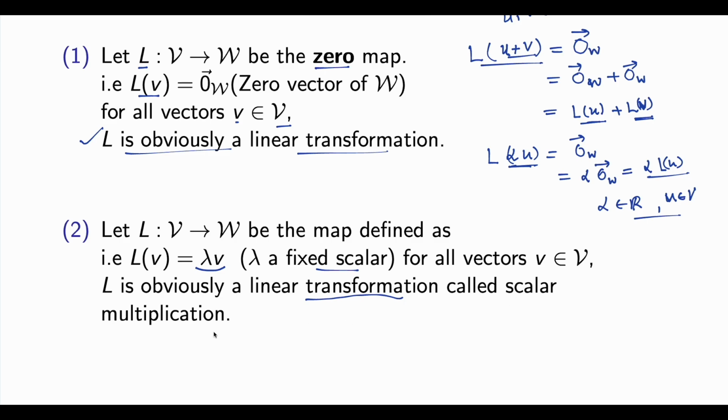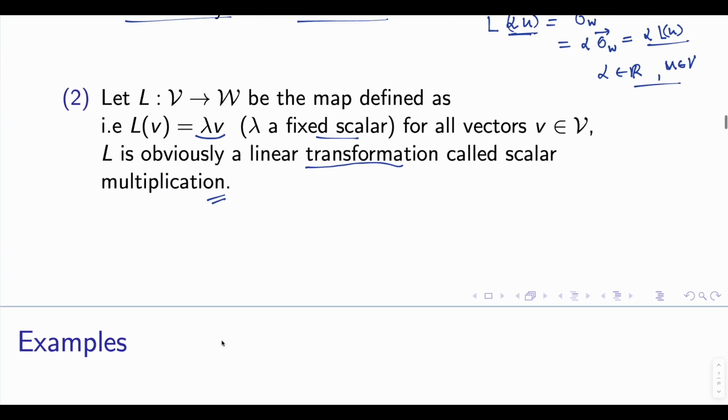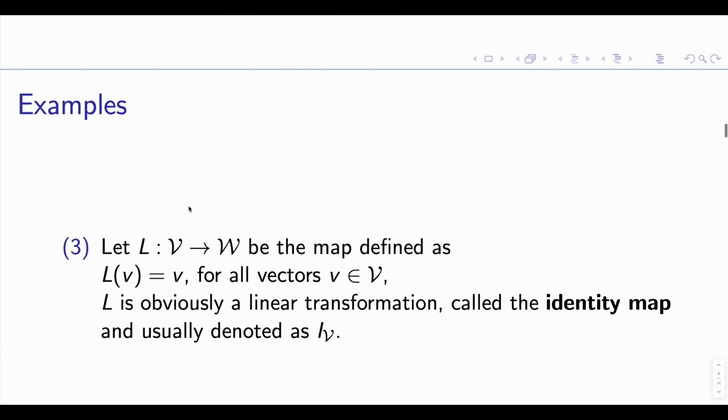It is called scalar multiplication. You need to check two properties: 0 maps to 0, minus v maps to minus lambda v. Both properties are satisfied, or you can check the linearity properties of a linear transformation.